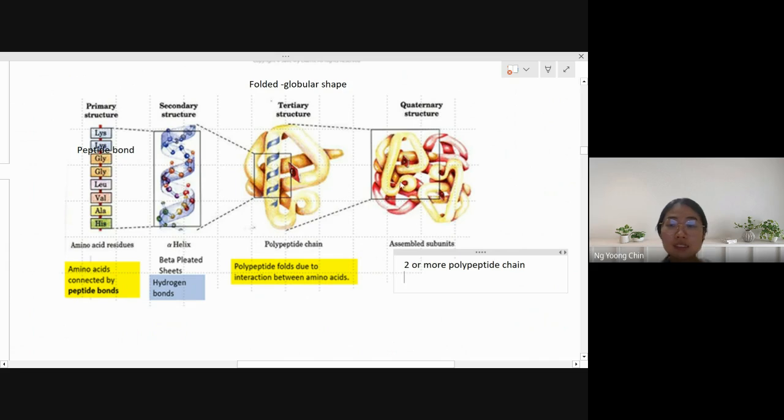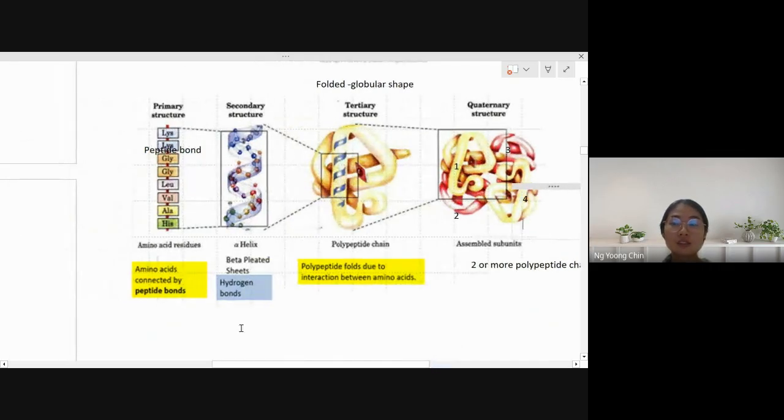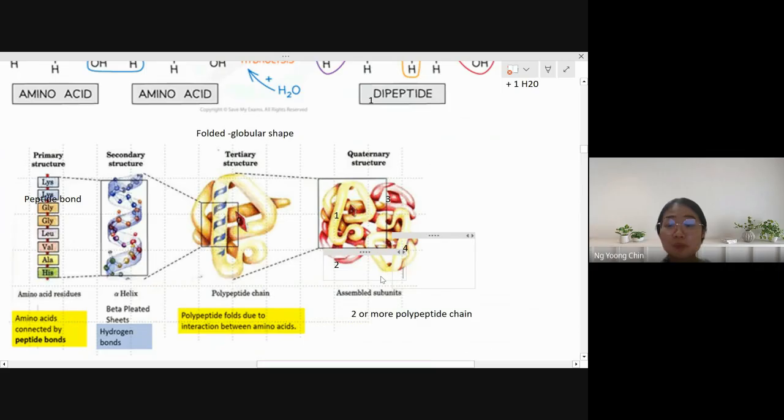You can see in this quaternary structure, how many polypeptide chains do you have? 1, 2, 3, 4. There are a total of 4 polypeptide chains in this quaternary structure. So they will form one protein product.